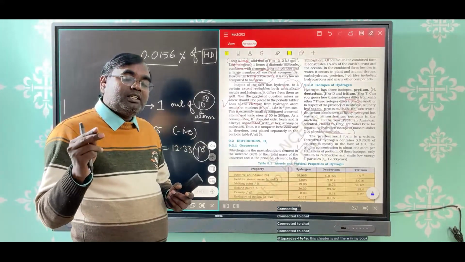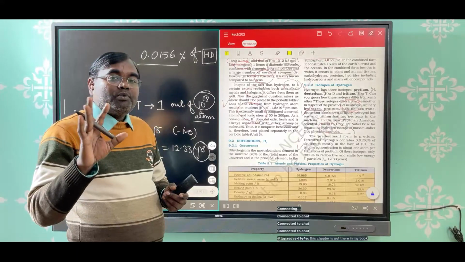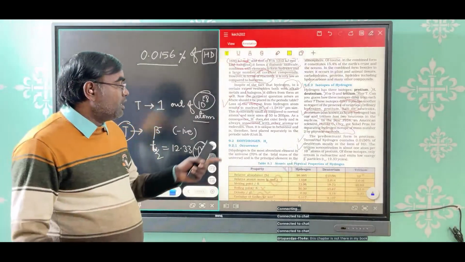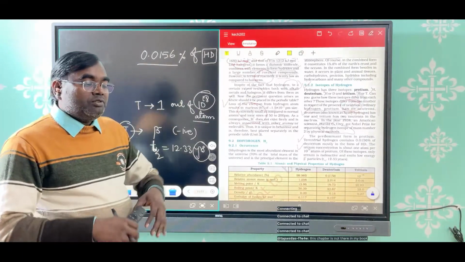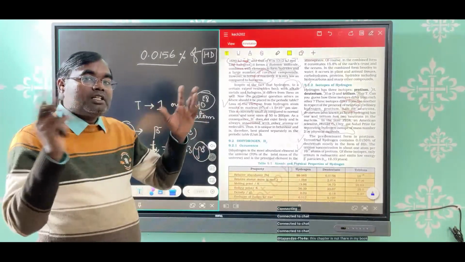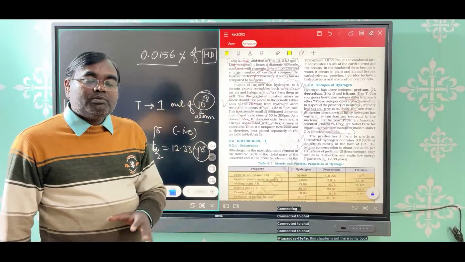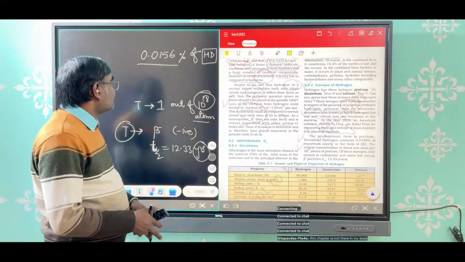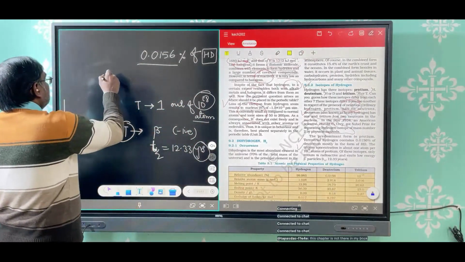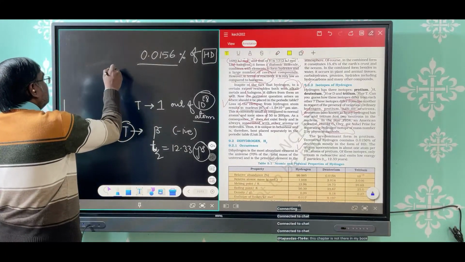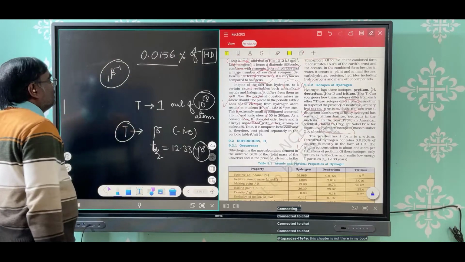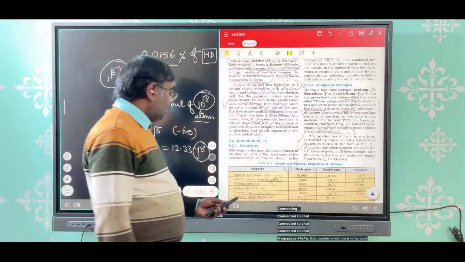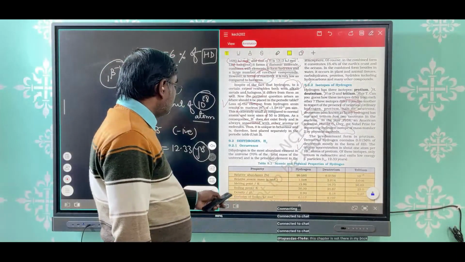After 12.33 years, only 0.5 gram of tritium will remain because of the radioactive nature. It will continuously emit beta particles and be reduced in mass. This is the beta particle, right?